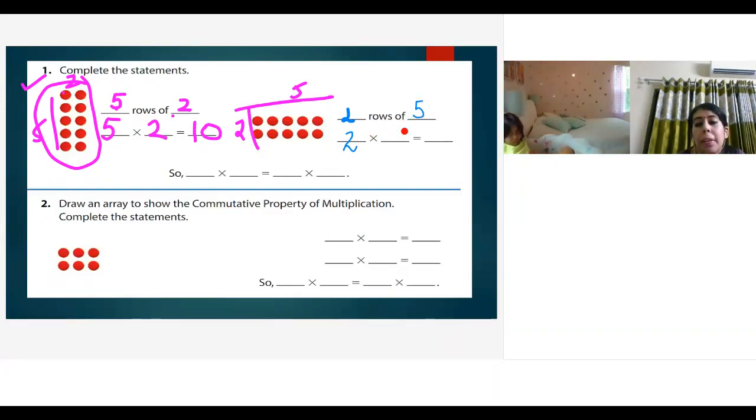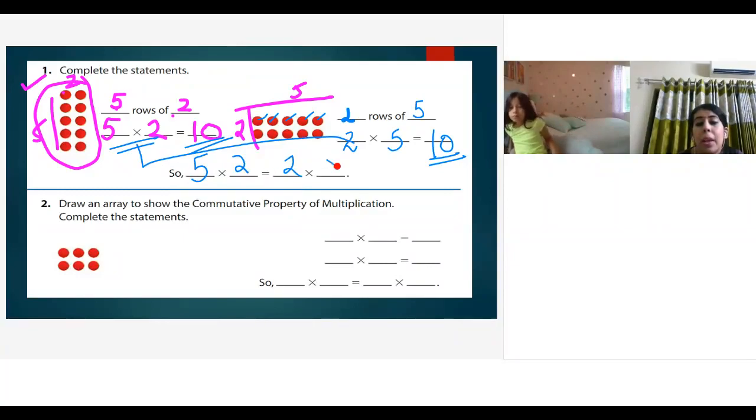If I multiply both, can you see how many counters are there? Count it. So what's the answer I should write over here? 10. Very good. Can you see that both the answers are the same? So I should write 5 times 2. This and this are both equal. Either way I can write. So 5 times 2 or 2 times 5 both give you the same answer. Got it?